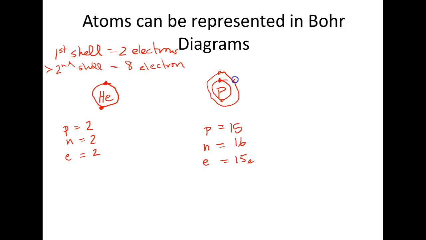So we'll go 1, 2, 3, 4, 5, 6, 7, and 8. So we now have 10 electrons, but we actually should have 15, so we create one more shell to then add the last 5 electrons.